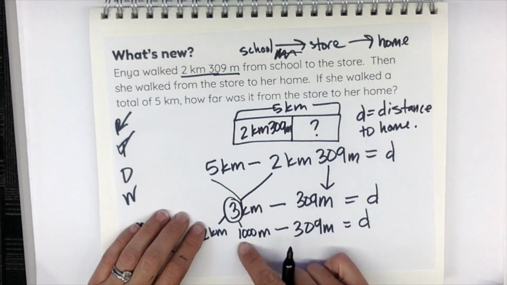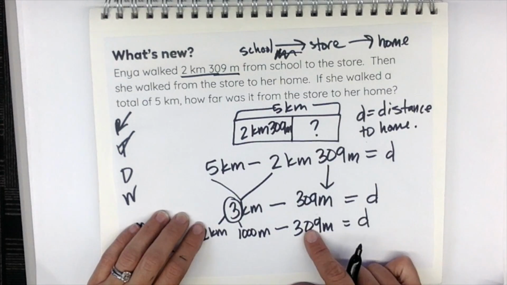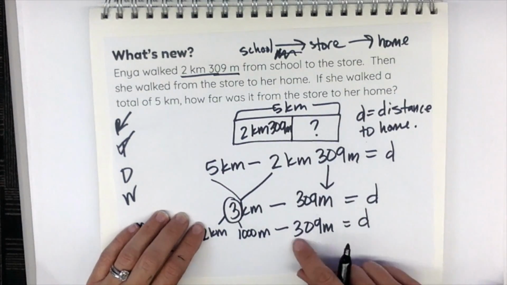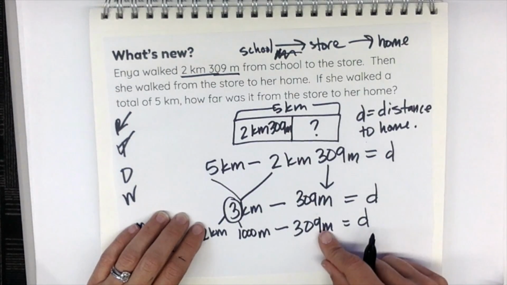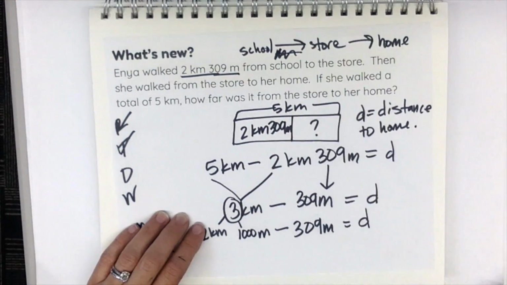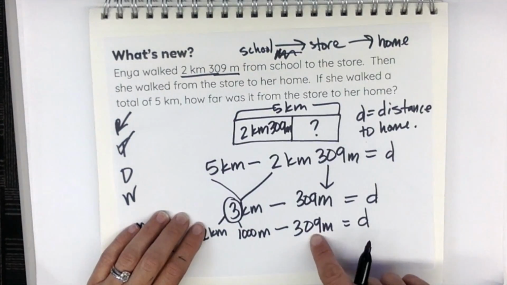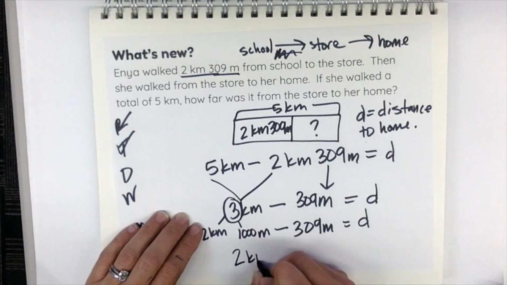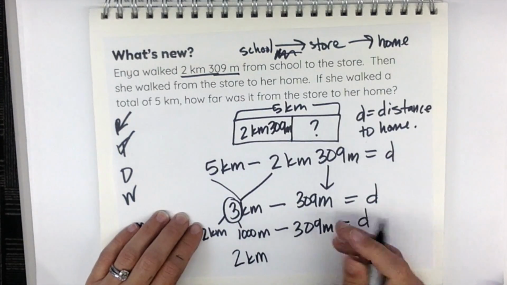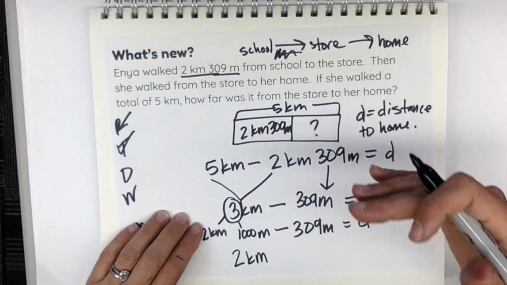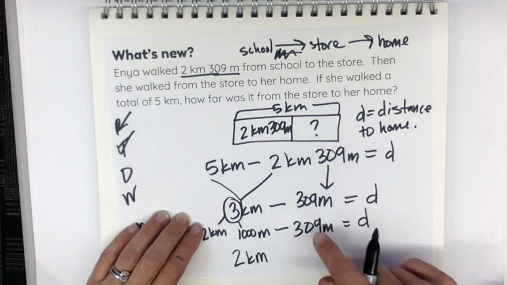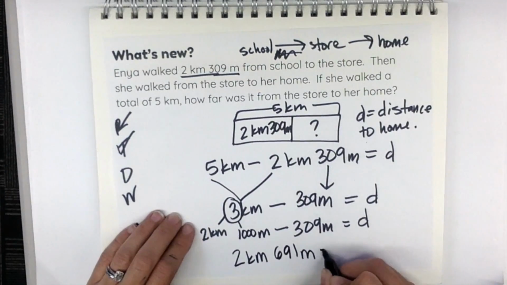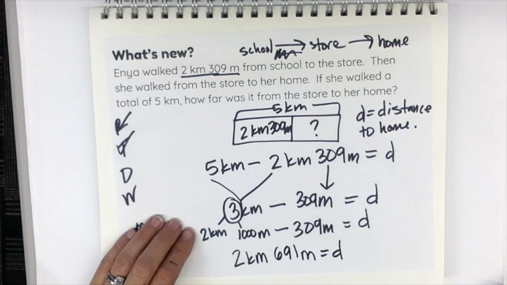Okay, so I know that 1,000 minus 300 would be 700, but I don't have 300, I have 309. So I know that it's going to be 9 less than 700 because I have 9 more here. So my total here is going to be 2 kilometers, and after I subtract this, it's not 700, it's 700 minus that 9, so that'd be 691 meters equals D. And there you have it.